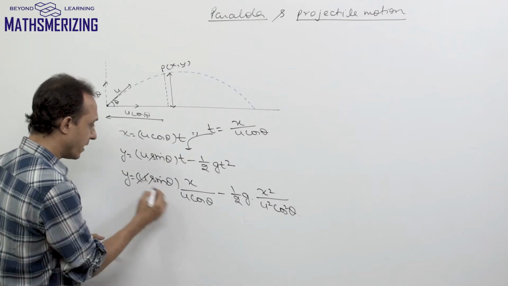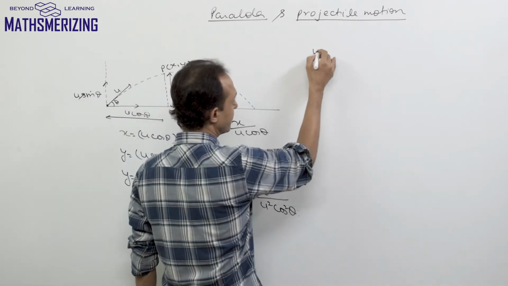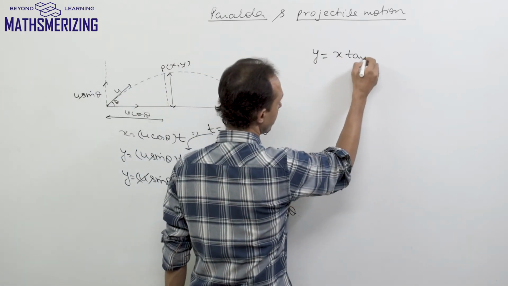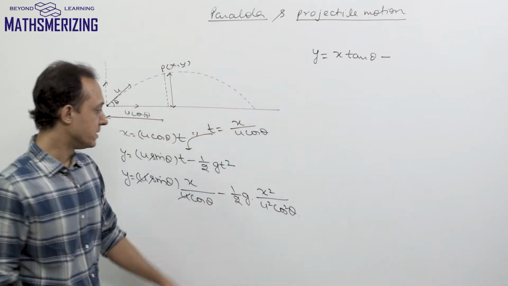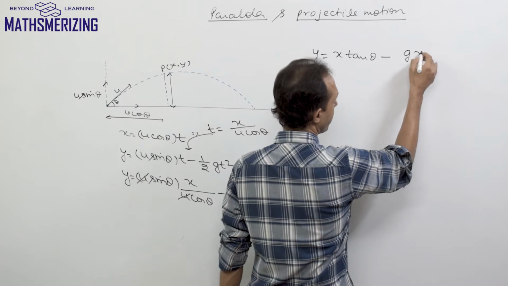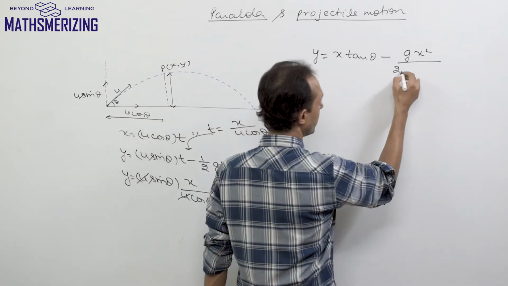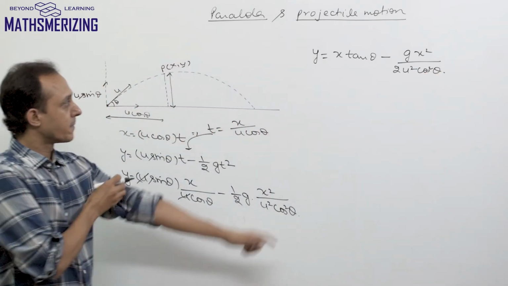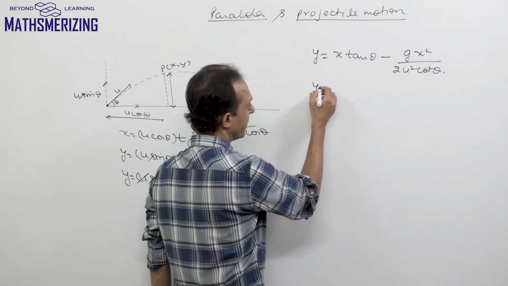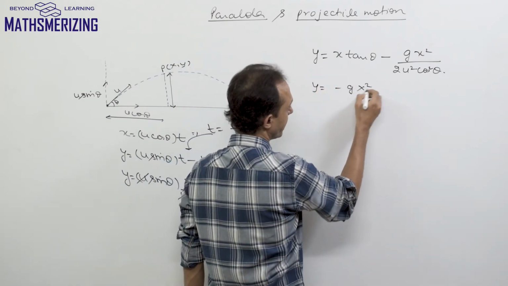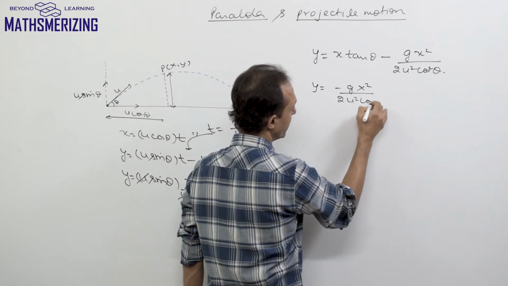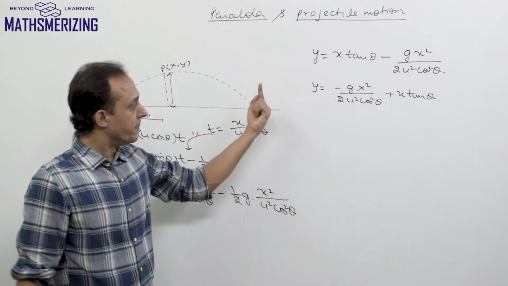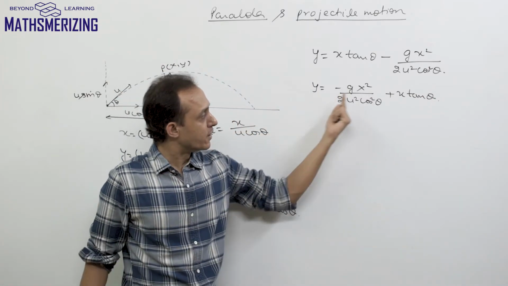Now u sin theta over u cos theta gives tan theta, and the u square cancels. So y equals x tan theta minus g x square upon 2 u square cos square theta. I can rewrite it as minus g x square upon 2u square cos square theta plus x tan theta. So basically it is a quadratic expression in x and y.